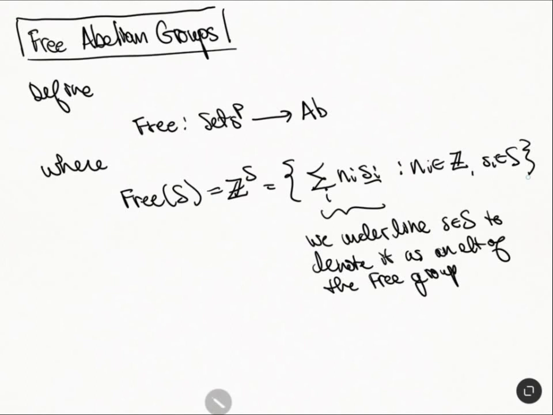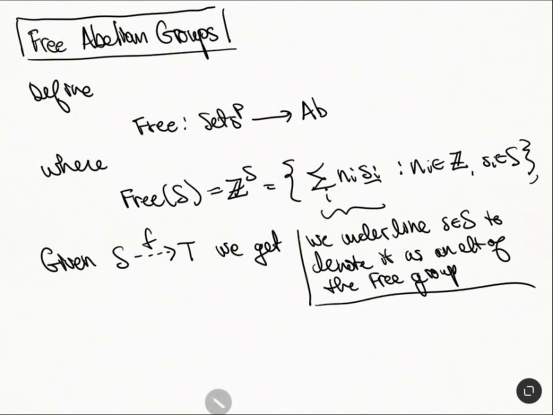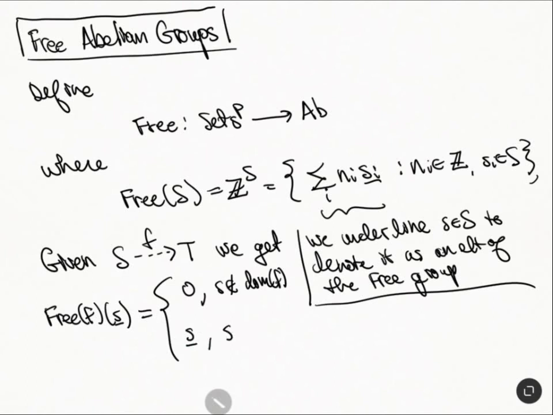Given F from S to T, we get that free of F of S underline, and then we extend this linearly, is 0 if S is not in the domain of F, and is F of S underline if S is in the domain of F.